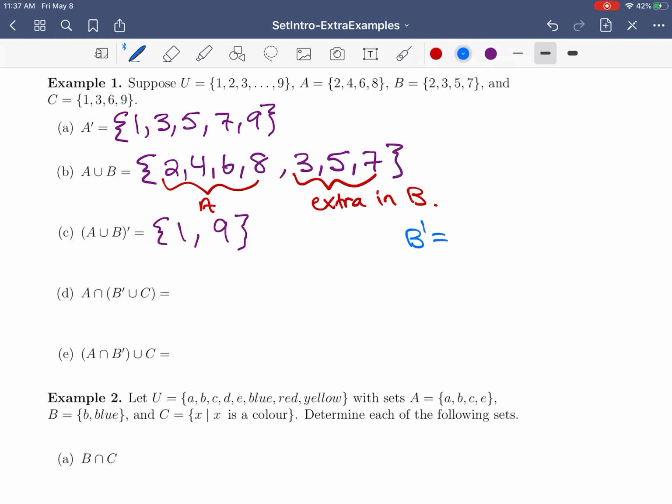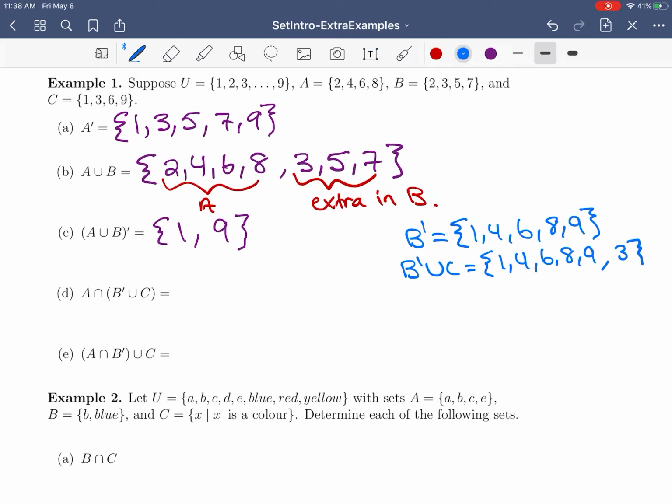Okay, so B complement is all the numbers that are not 2, 3, 5, and 7. So we're going to have 1, 4, 6, 8, and 9 in that set. And now when I union this with C, I'll just write down all the numbers in B complement. And then see, does C have anything extra? Well, it has the 3 is extra.